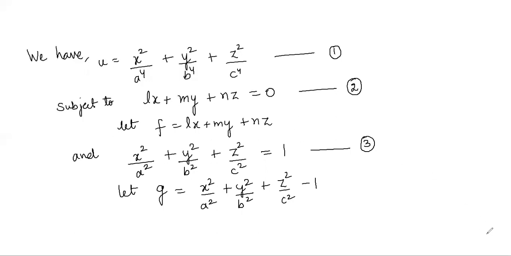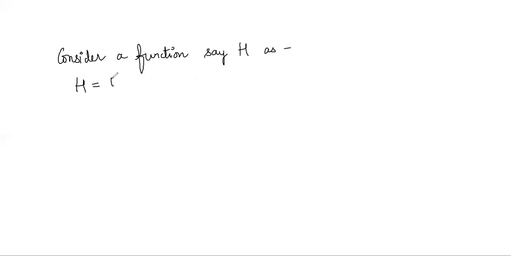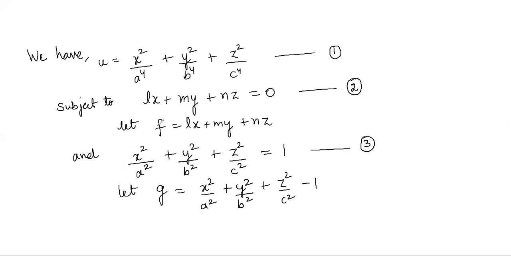Let us define a new function. Consider a function, say h, as h equal to u. u is the function whose stationary points we have to find out, plus the first Lagrange's multiplier, which we have taken here as lambda, times f, since for the first condition we have assumed Lx plus my plus nz as f.